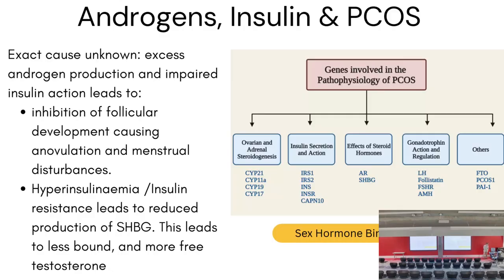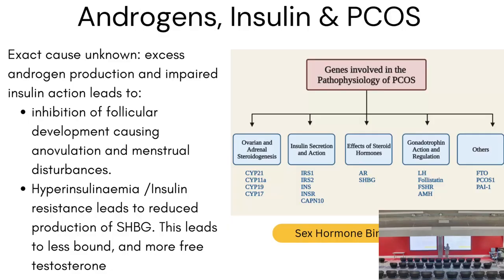One thing that I've got on this slide here is about the associated hyperinsulinemia, or the insulin resistance that's often seen in PCOS. A potential link within this is it causes a reduction in something we call sex hormone binding globulin, SHBG. And what this does is we've got a certain amount of circulating testosterone around the body.